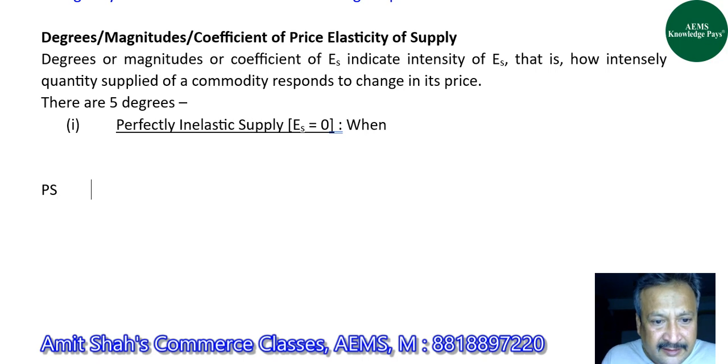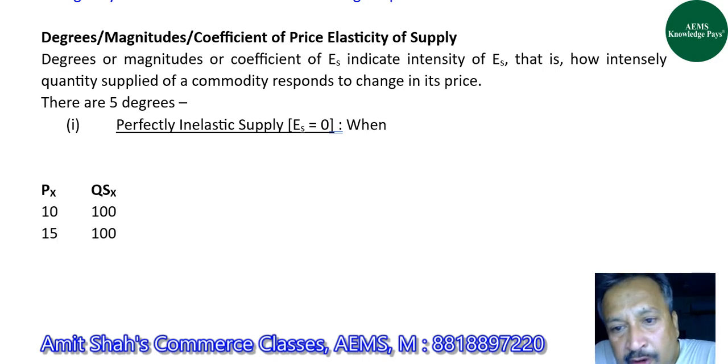Do not write anything, guys. This is an example where price of a commodity X is rupees 10 and at this price its quantity supplied is 100. Price has changed to 15 but quantity supplied has not changed at all.